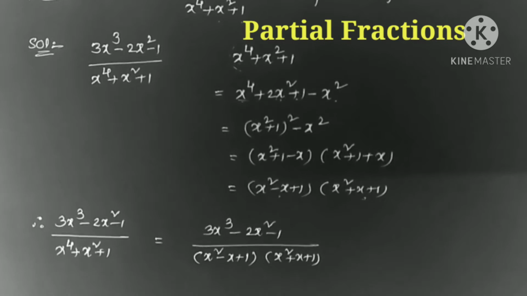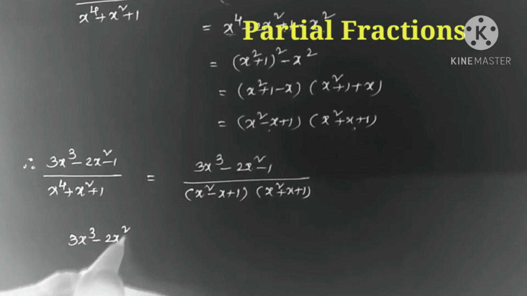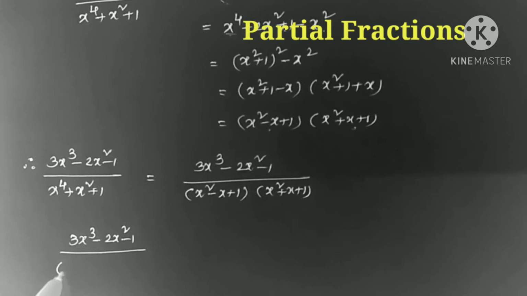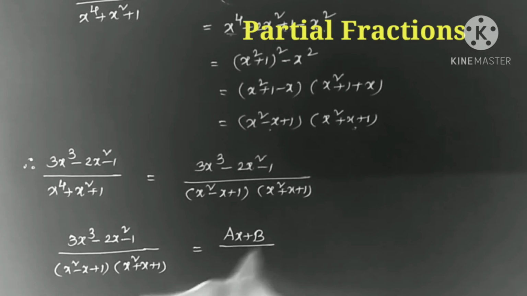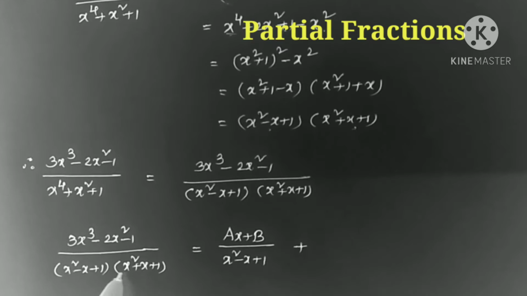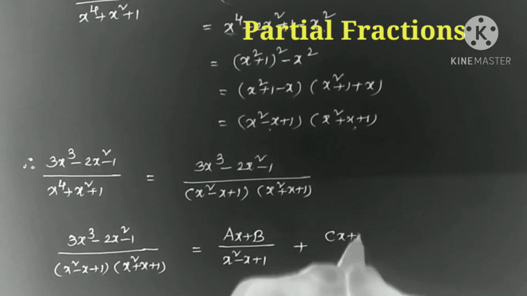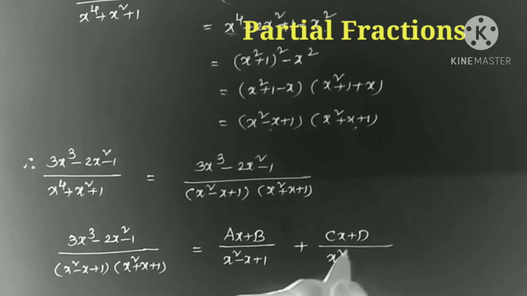Now taking the partial fractions of this problem. Therefore (3x³ − 2x² − 1)/((x² − x + 1)(x² + x + 1)) is equal to, here the first term is an x² term, so we take the partial fraction as (ax + b)/(x² − x + 1) plus, here the second term also contains an x² term, so we take the partial fraction as (cx + d)/(x² + x + 1).